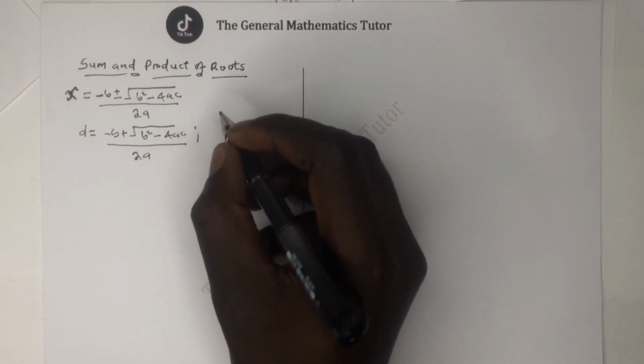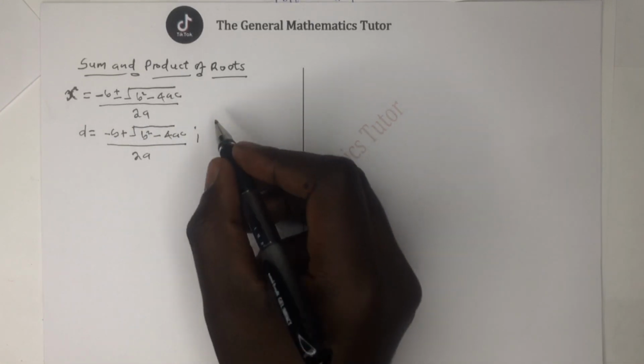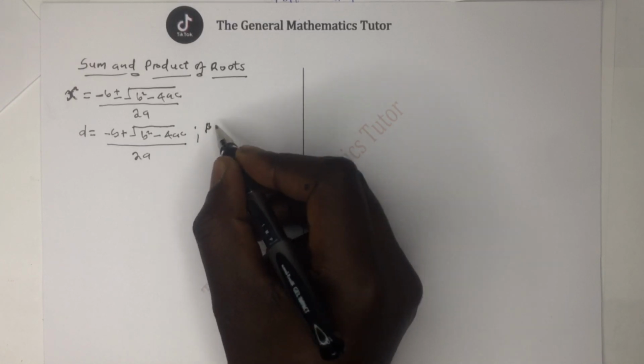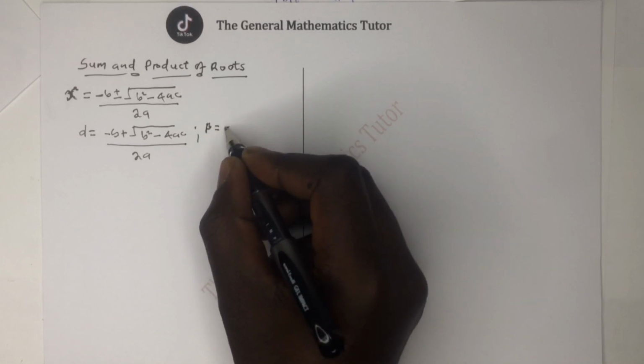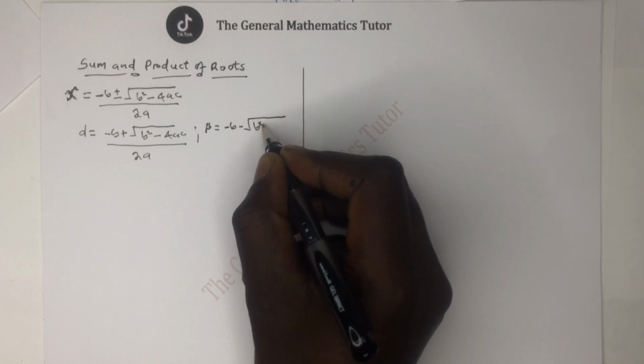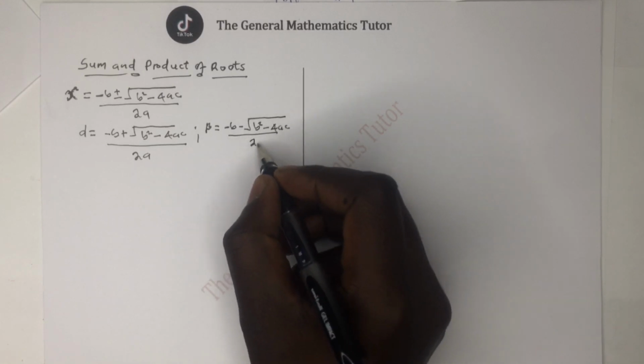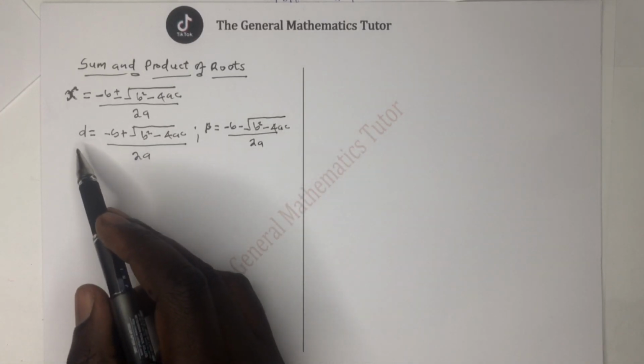Then we take the case when this is negative and call it beta. So beta is equal to minus b minus the root of b squared minus 4ac over 2a. These are the roots that we're talking about.